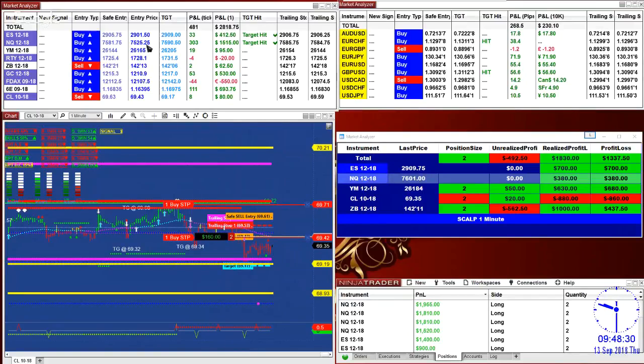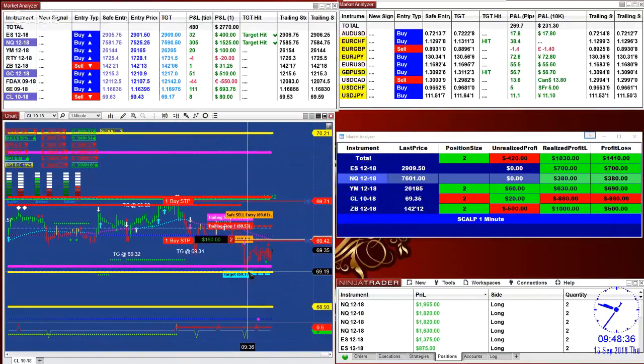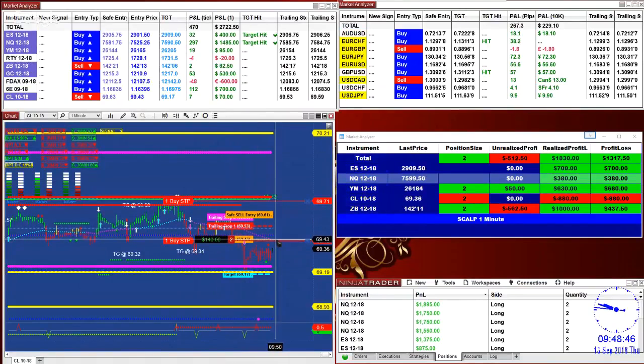So this one here, the market analyzer, you can follow the signal, but on the chart, it gives you a newer update to that newer target if this market is trending. The chart is the same system as up here, but it gives you an update if you want to increase your trade or your profit.